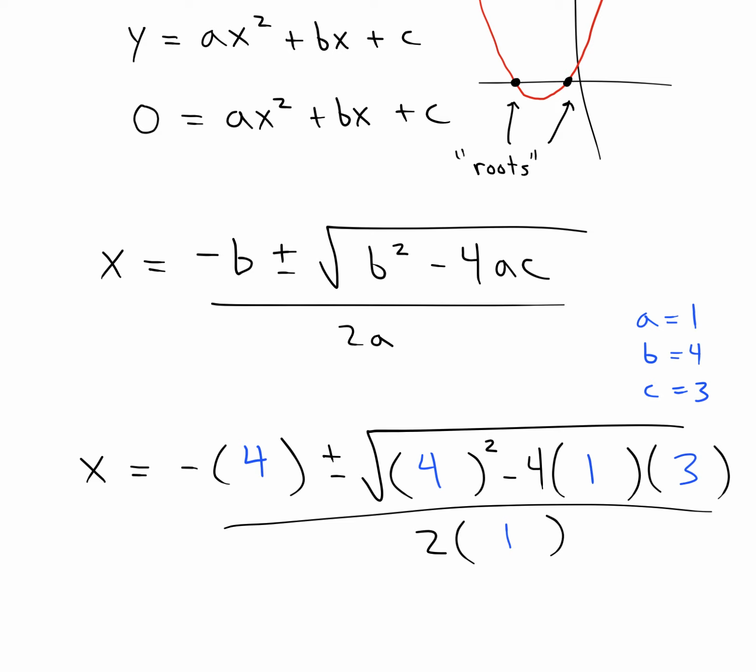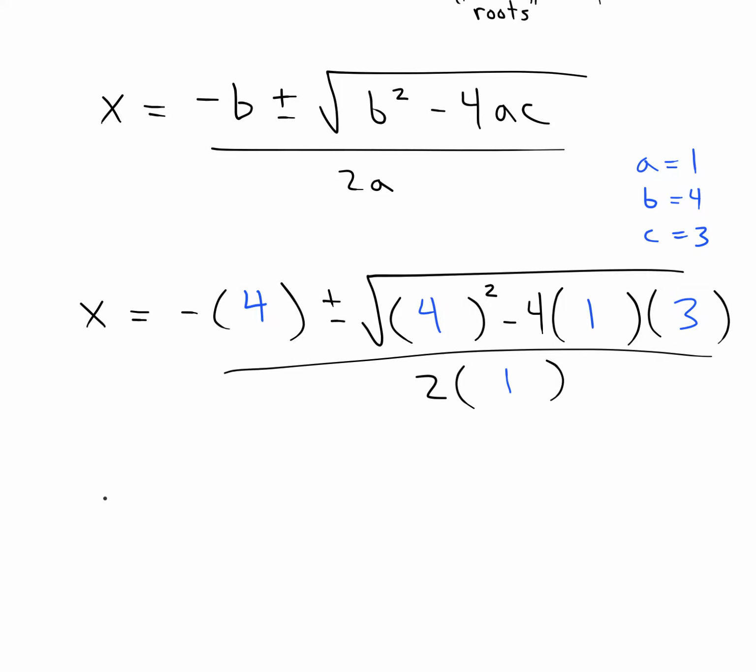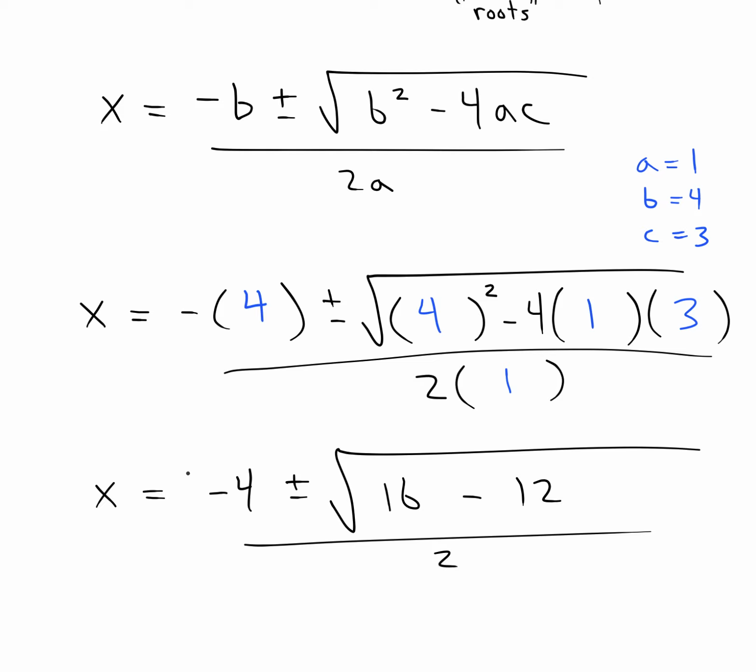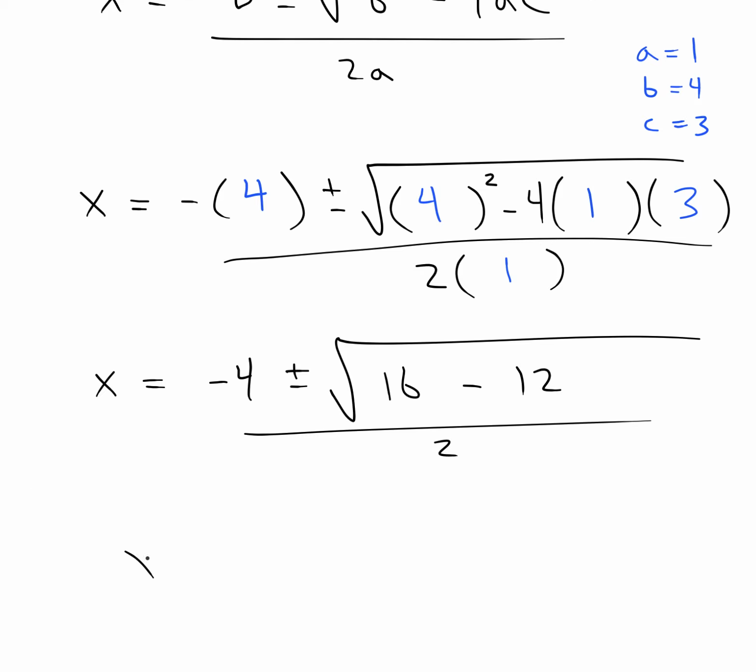For many problems you can plug it into a calculator to get an answer. Let's do it by hand though here. So we'll get negative 4 plus or minus the square root of 4 times 4 is 16, minus 4 times 1 times 3 is 12, and then we'll divide by 2. Try to simplify it more. 16 minus 12 is going to be 4.